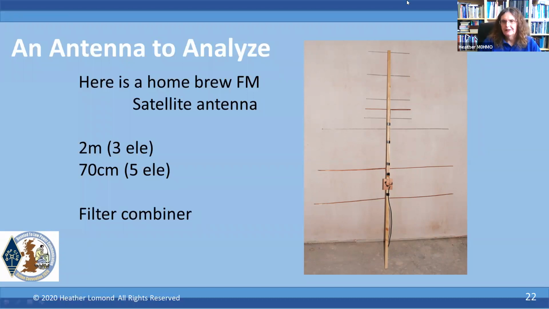This is a filter combiner here, 70 centimeters up here, obviously, and 2 meter here. And it's a folded dipole, so it's a single wire here, and this is a folded dipole that comes back on itself on this half. And it just makes a very lightweight pointable antenna that I can work the FM sats on my handy.